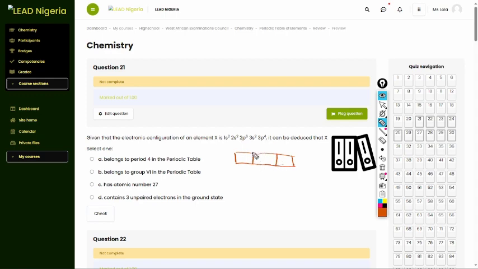So now there are 4 electrons. So you fit in the electrons singly before you pair them. So we go in singly 1, 2, 3, and then the 4th one can come and pair with this. So it means that there are 2 unpaired electrons here, not 3 unpaired electrons. And that's why the correct answer is B. So it belongs to group 6 of the periodic table.